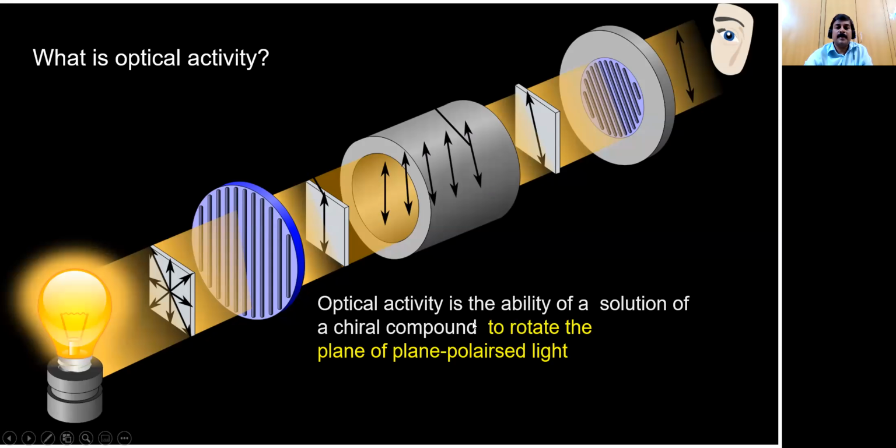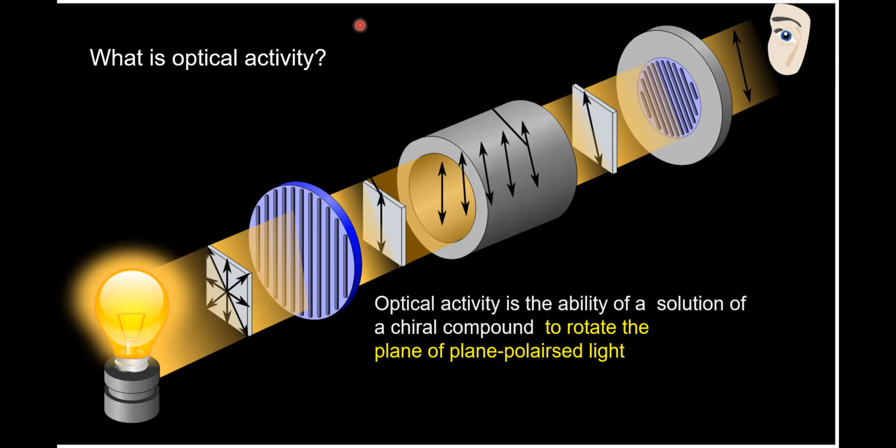Optical activity is the ability of a solution of a chiral compound to rotate the plane of plane polarized light. So what do you mean by plane polarized light? Ordinary light vibrates in all directions.